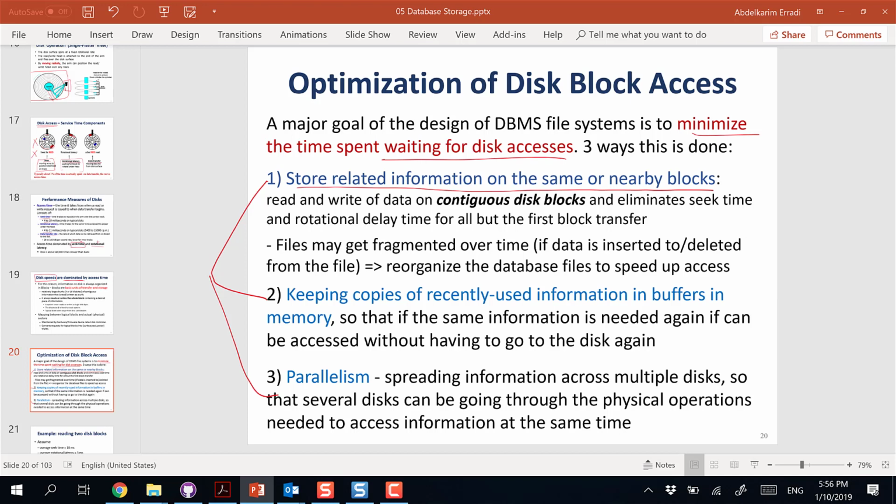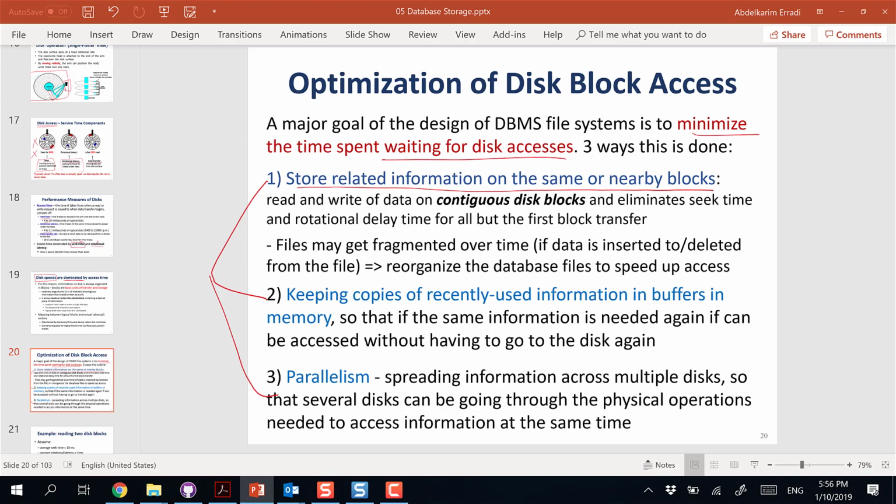That's why in many commercial databases, there is a big role called database administrators, and that's what they do: make sure the database is optimized to provide the best possible speed for our queries. One of the tasks they do is physical reorganization of the storage.